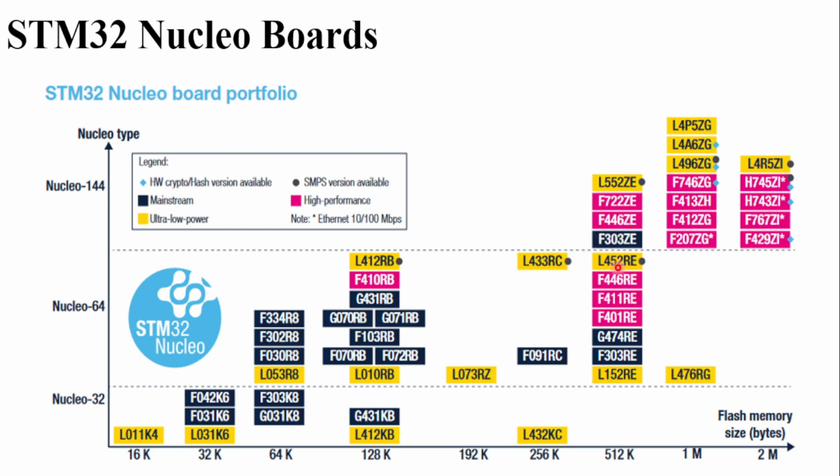Here you can see F446RE. This is the board which we will be using in this playlist. If you are interested in purchasing any other board, you can purchase any other board falling in this range. F446RE comes with 512 kilobyte of flash memory.